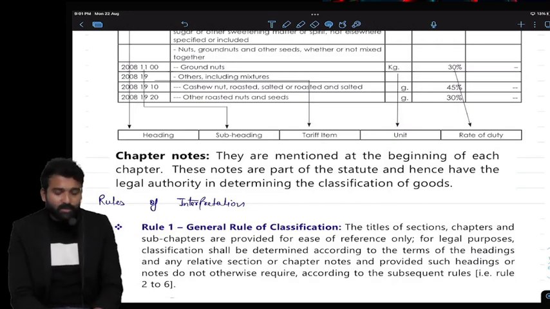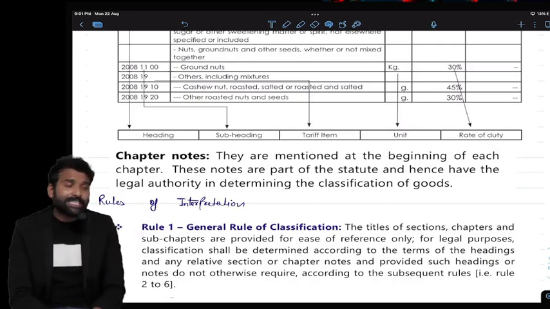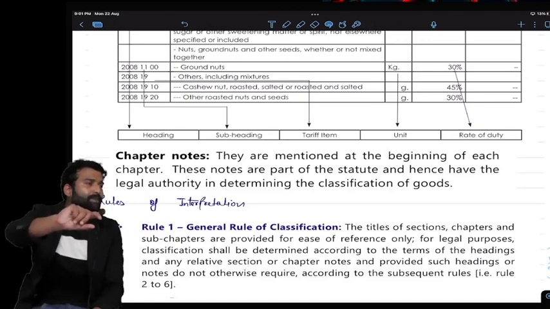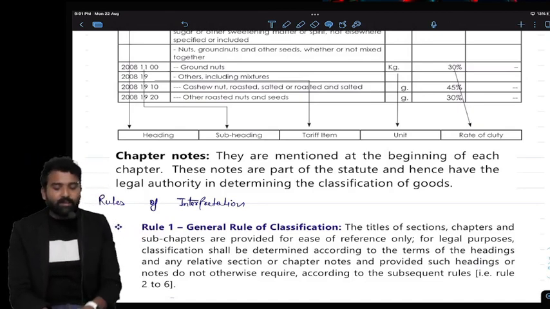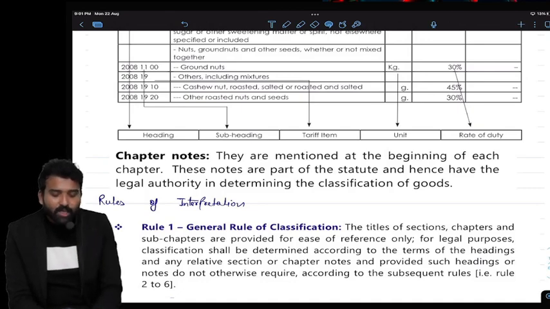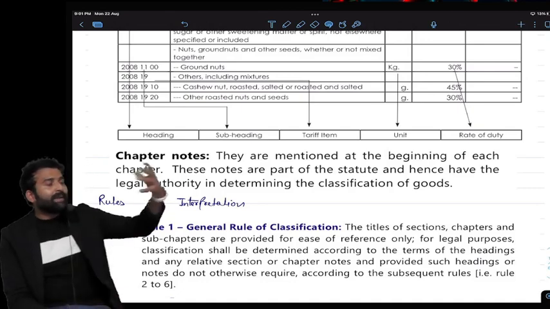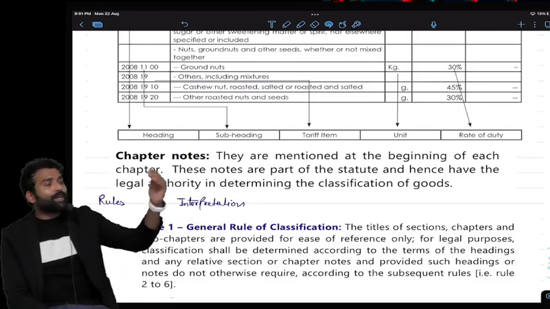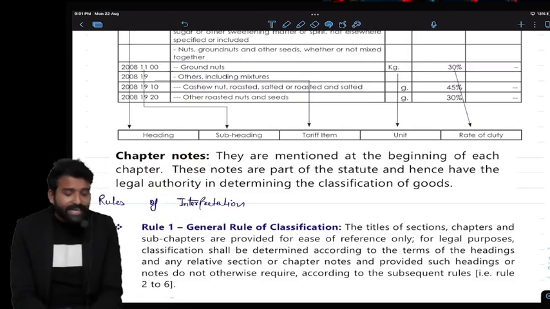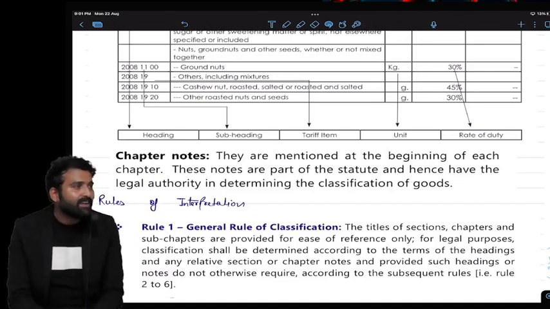So we always have to go for the chapter notes as well. In every chapter, in the beginning, we will find the notes of the chapter. Like in this case, we have the 20th chapter, so in the beginning of the 20th chapter we will find the chapter notes. We have to carefully read all the chapter notes. That will help us in finding the exact classification and exact details of the goods.